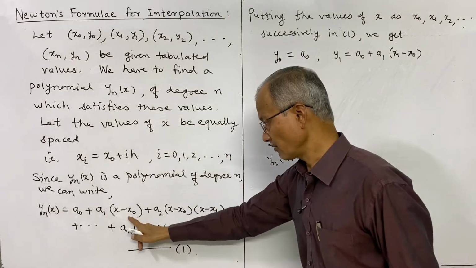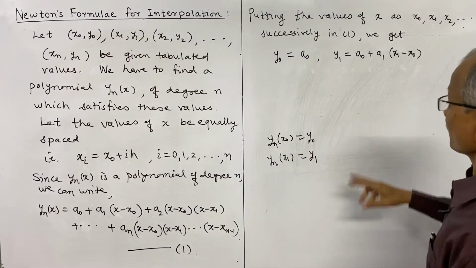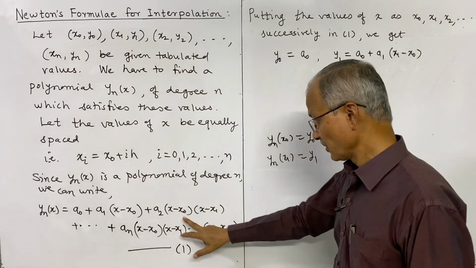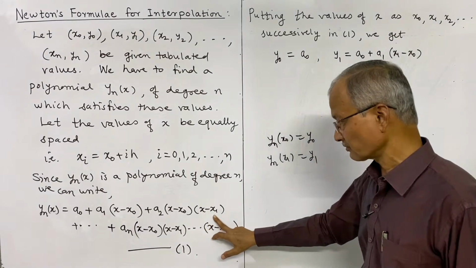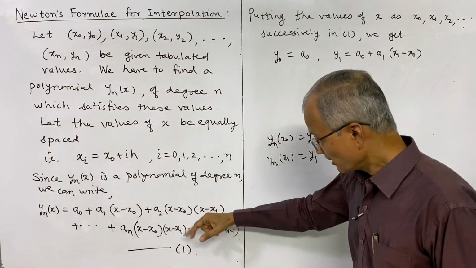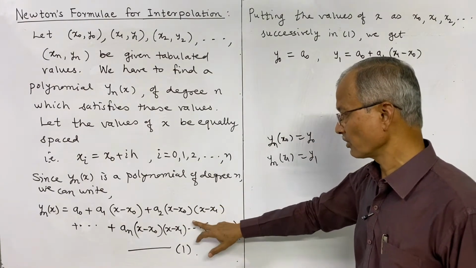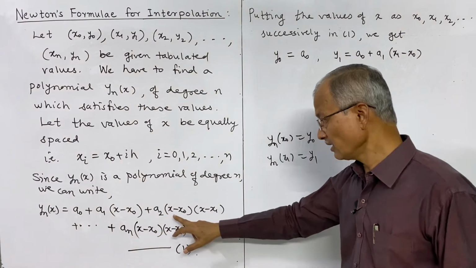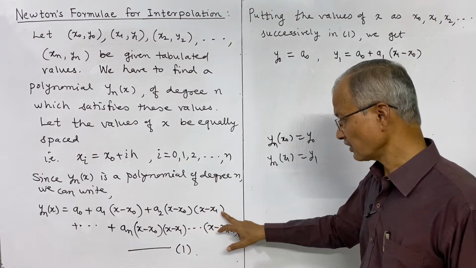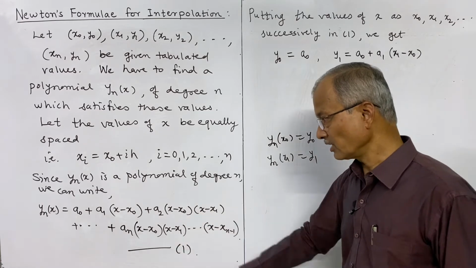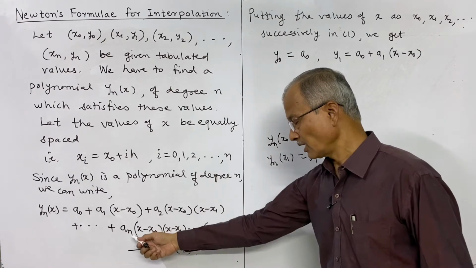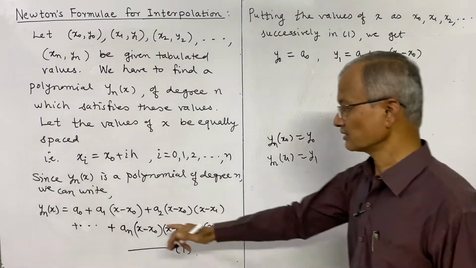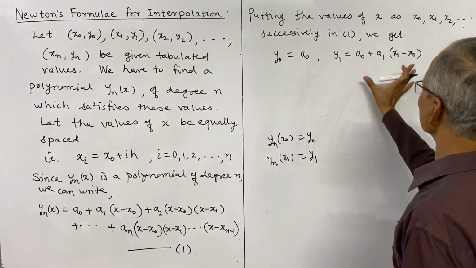That is the term we have obtained here. What about the next term? We are putting x is equal to x1, so this is x1 minus x1, which becomes 0. All the next terms remain 0, because the next term a3 has (x minus x naught)(x minus x1)(x minus x2), and that will become 0. So this much will remain.